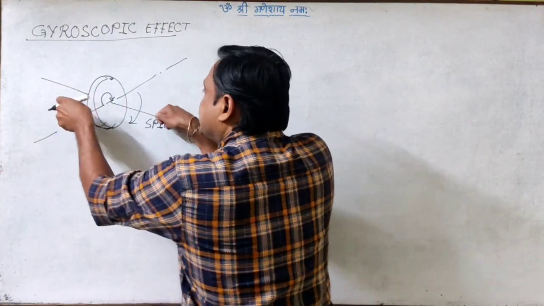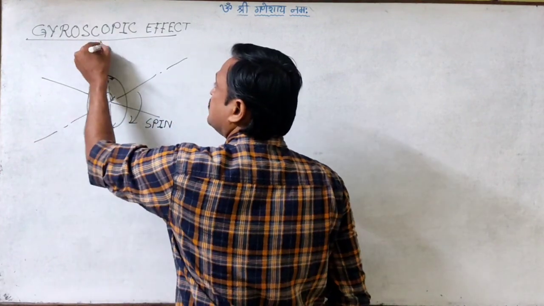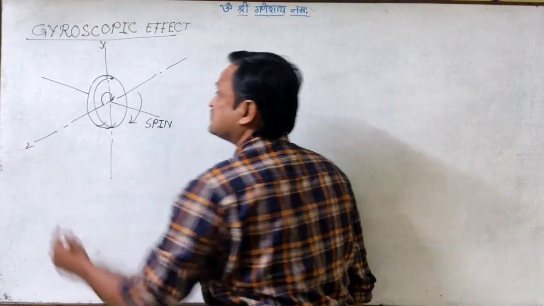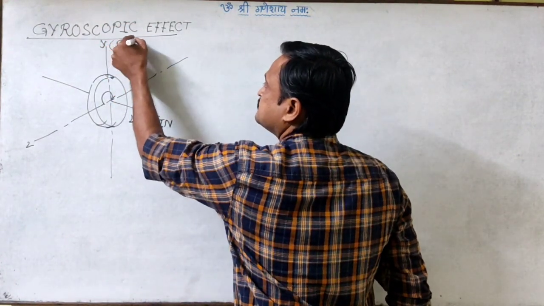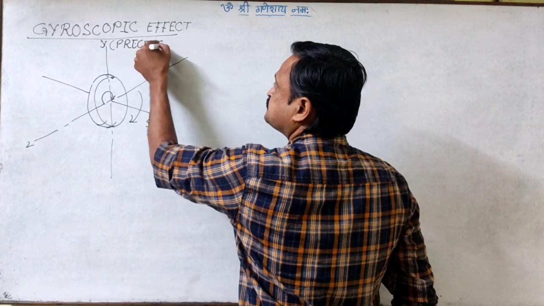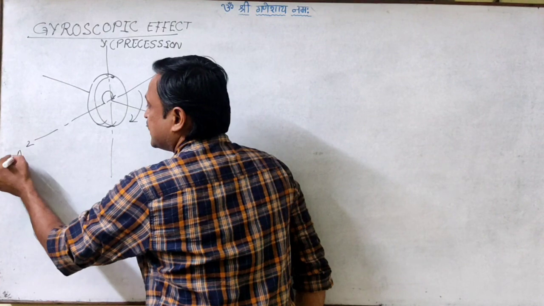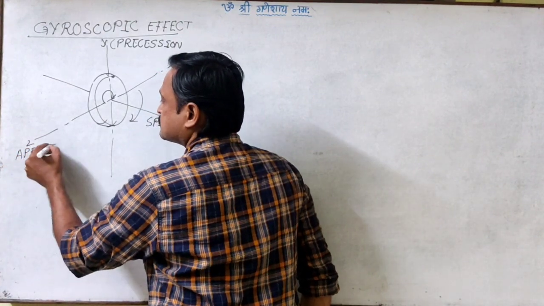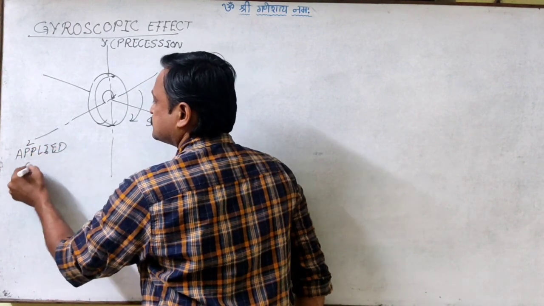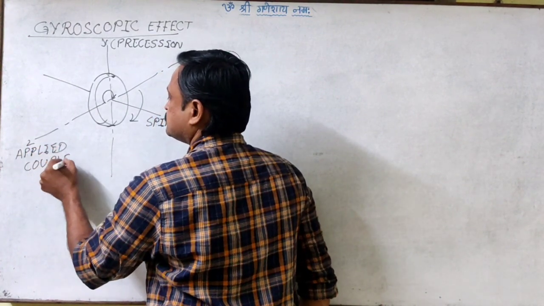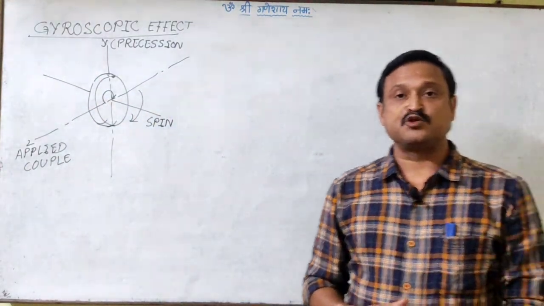Then this entire body will start precessing about a third mutually perpendicular axis. So y becomes the axis of precession here, and z is the axis of applied couple. This effect as a whole is called the gyroscopic effect.